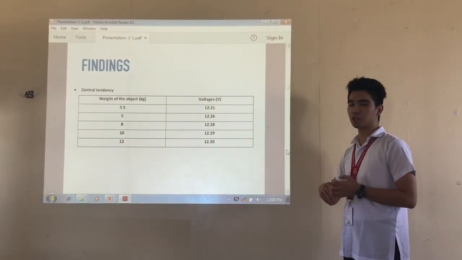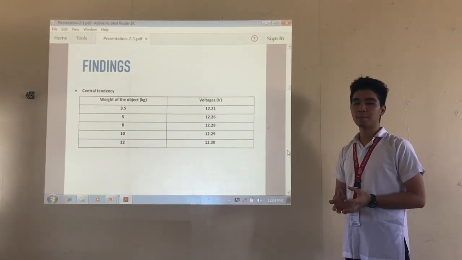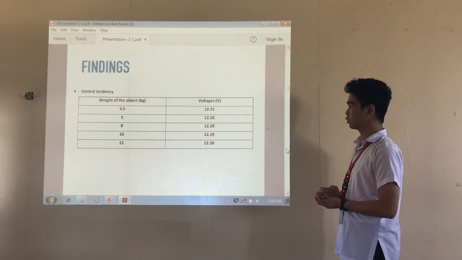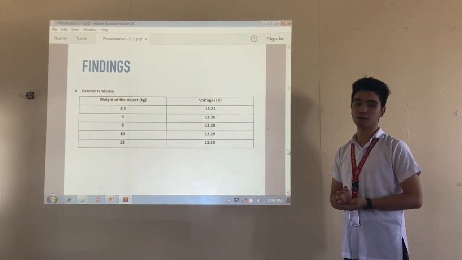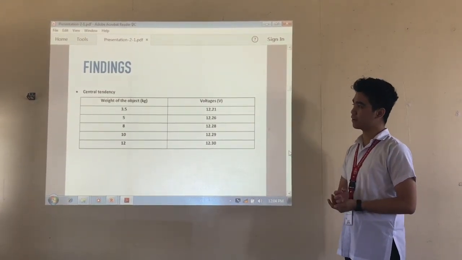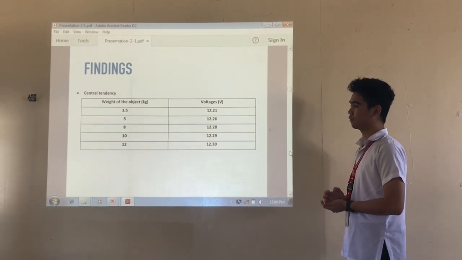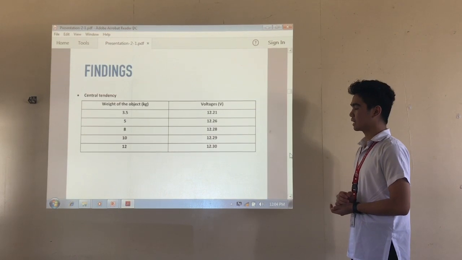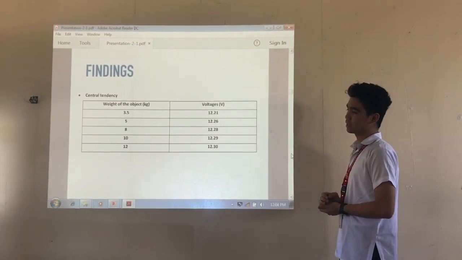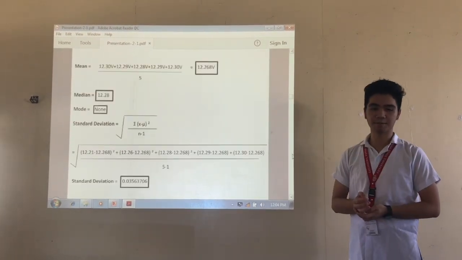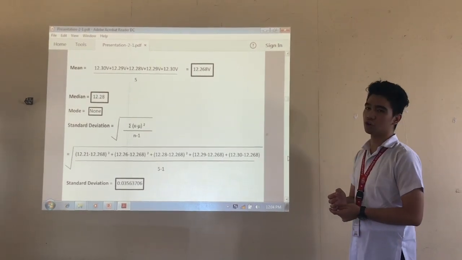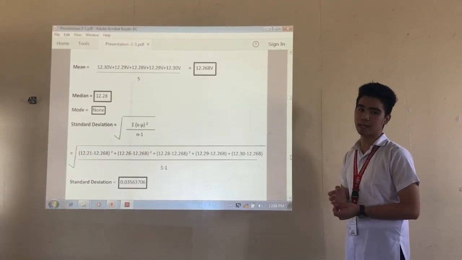For each weight, when the 3.5-kilogram object dropped, it produced 12.21 volts. At 5 kilograms, it produced 12.26 volts. At 8, 12.28. At 10, 12.29. And at 12, 12.30.